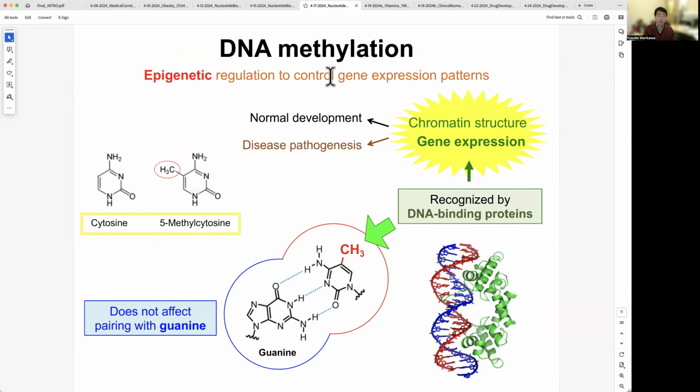Now, the rest is about methylation. First of all, you need to know methylation occurs on cytosine. Cytosine gets methylated to make methylcytosine, and that will affect gene expression and so on.